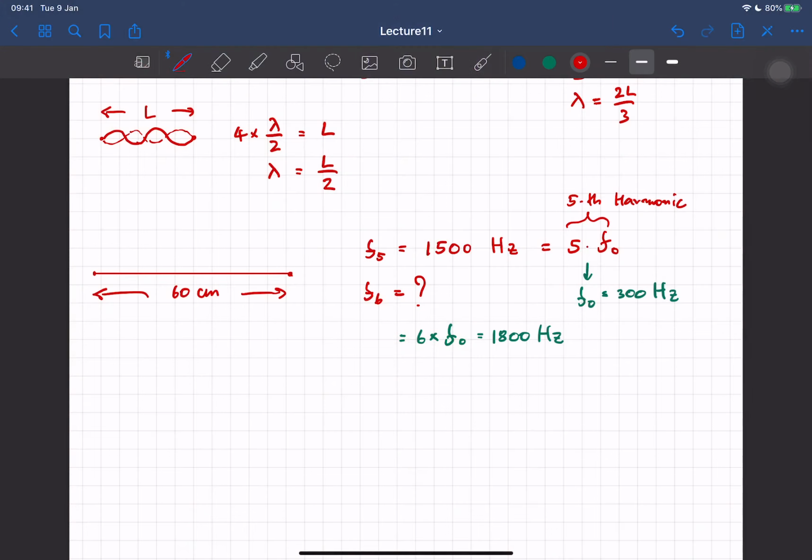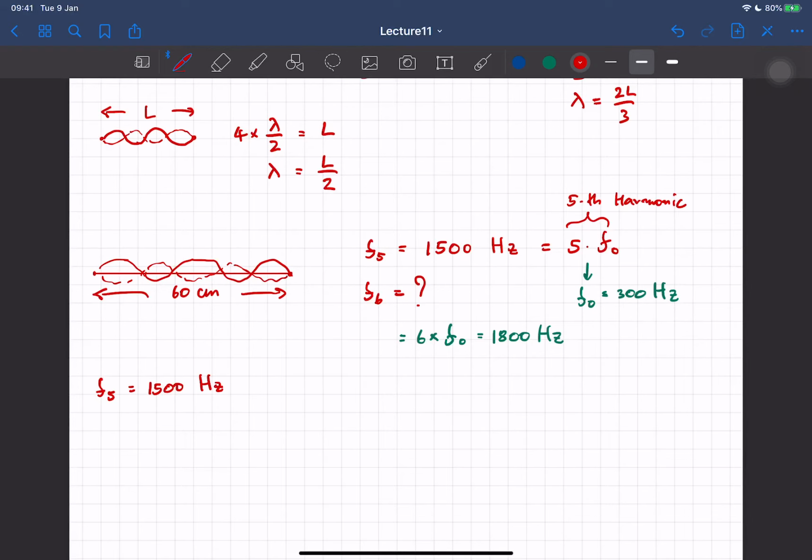Let's choose F5. Again, F5 is 1500 Hertz, and for F5, that means we have 5 lobes in the string, right? So it's going to look something like this. Okay, 5 of them.